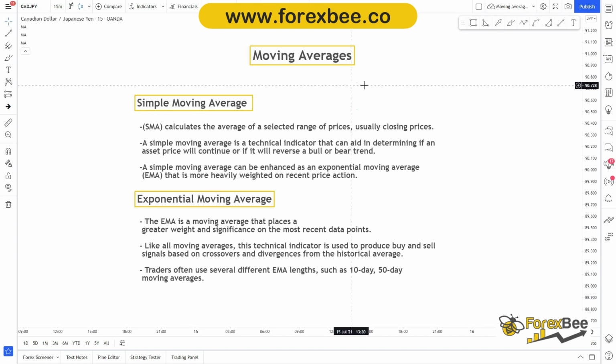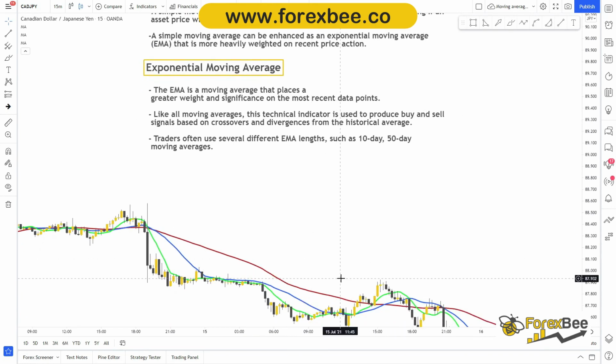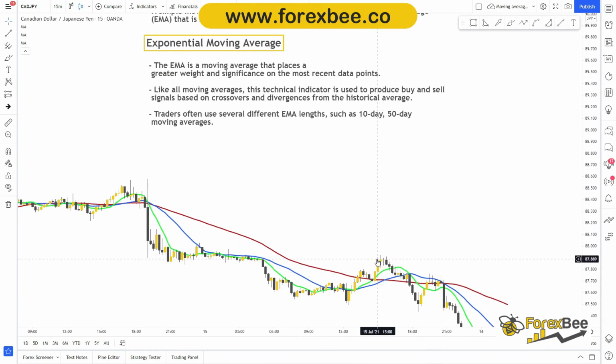So the first thing is we need to define what moving averages are. Moving averages are basically the average, or the mean, of the data points over a specific period of time. So let's say if we want to calculate a moving average of 20 days or 20 candles, what we would do is take the price, either the close price or the open price, of those 20 candles, add them up and divide by 20.